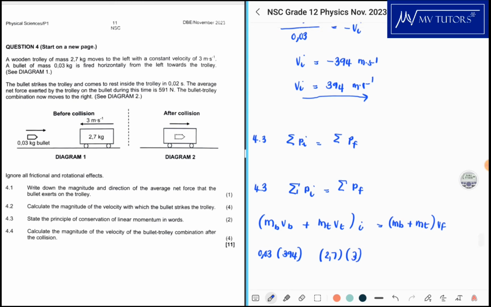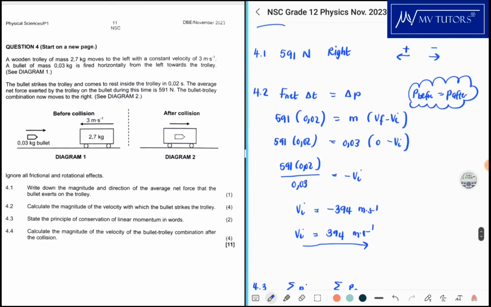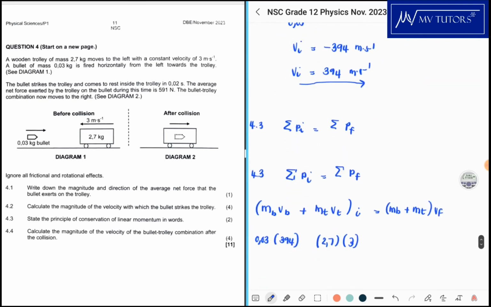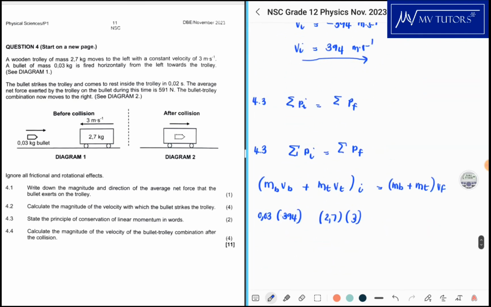Okay, we said going to the left is positive, to the right is negative, so we should be putting a negative somewhere there. Okay, let's see how that will work out. And then mass of the bullet 0.03 plus mass of the trolley, which is 2.7. And what we're looking for is the final velocity, right?